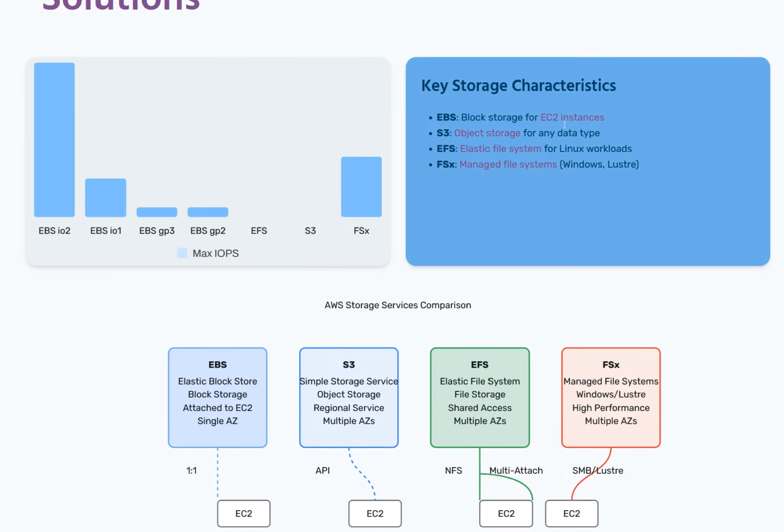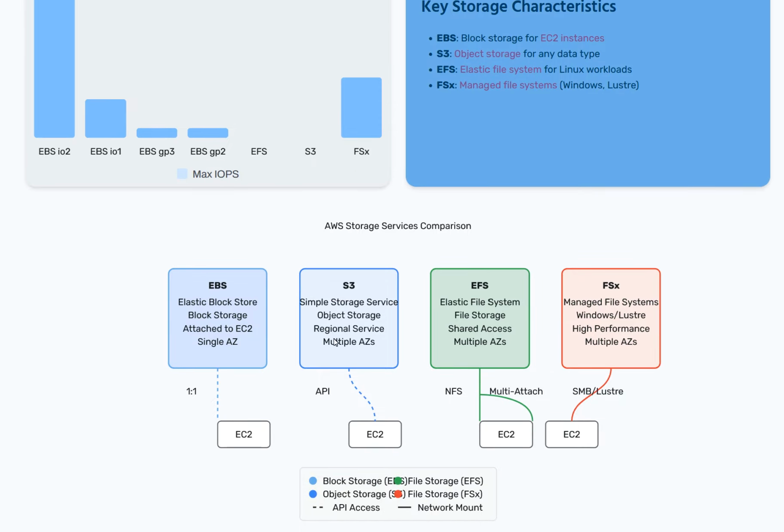As we say, block storage for EC2 instances is EBS. S3 is object storage for any data type. Elastic File System for Linux is EFS, and FSX is a managed file system for Windows. Right. So again, this shows where you can attach these. EBS is mainly attached to EC2, in a single availability zone, right? And then S3 is Simple Storage Service, object storage, multi-availability zone.